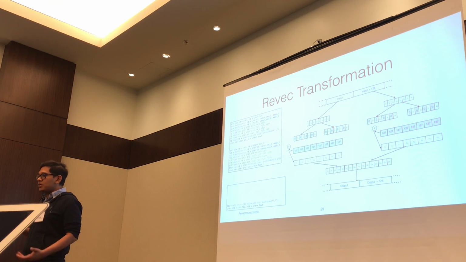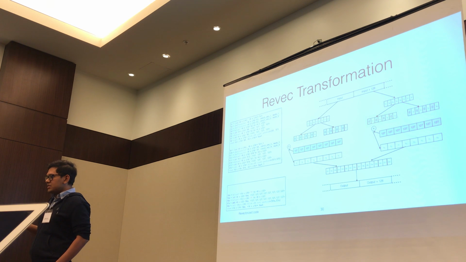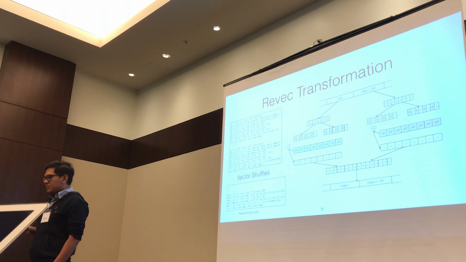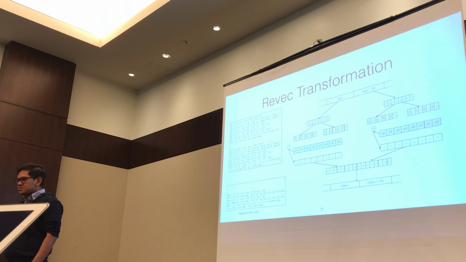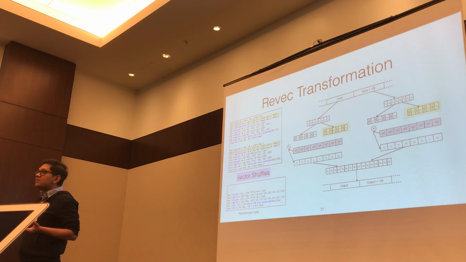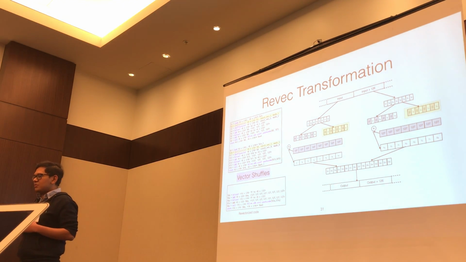So these are isomorphic, and because of that, we can revectorize them. If we go to the operands of the addition, they are shuffle vectors. So Revec needs to see whether these two shuffle vectors can be revectorized, because they are in an abstract form.